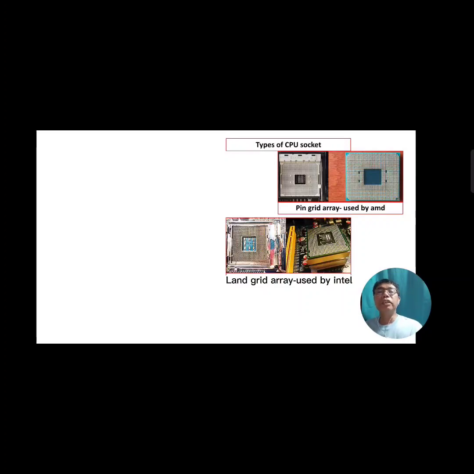The first picture is the pin grid, meaning the socket has very small holes so that the pins from the CPU will be inserted and fitted to those holes. While the LAN grid socket is the opposite. Instead of holes, it has pins, while the central processing unit has metal contacts.